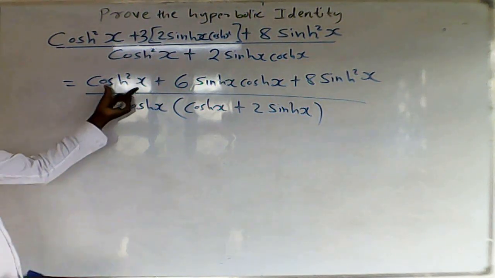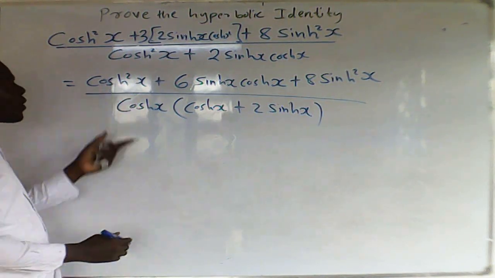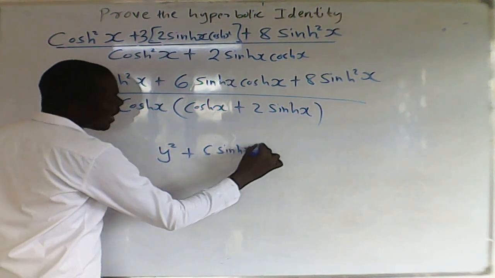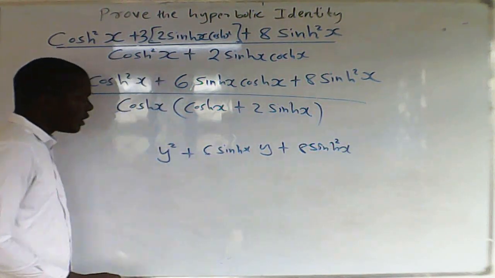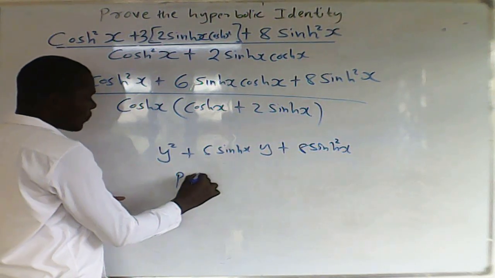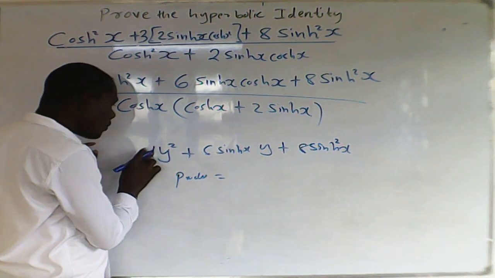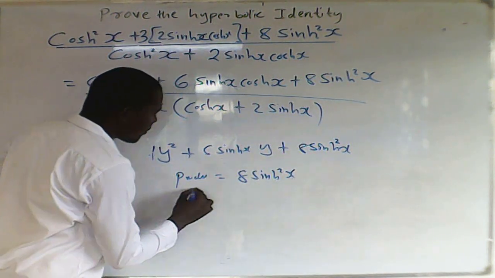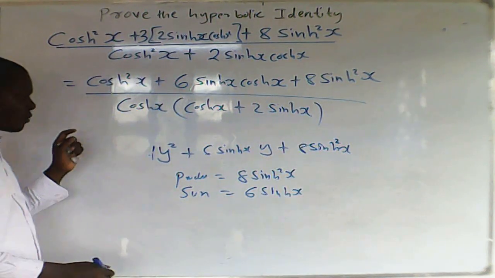If you let cos x be y, it's like you have y squared plus 6 sinh x y plus 8 sinh squared x. So from here you need a product of 8 sinh squared x and a sum of 6 sinh x.